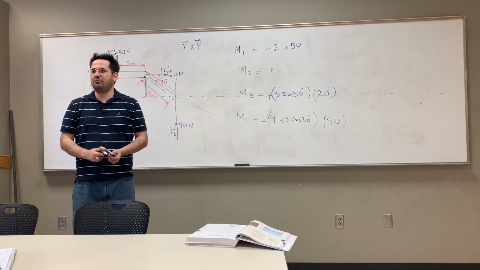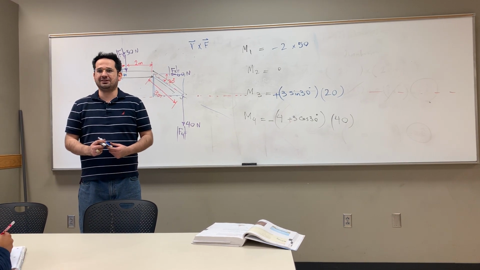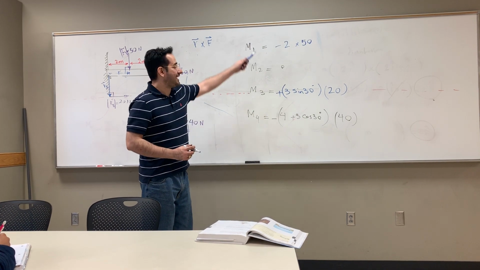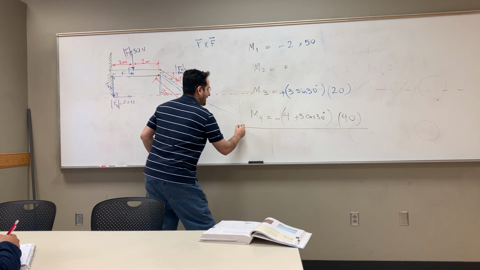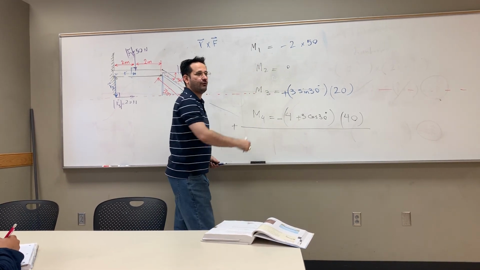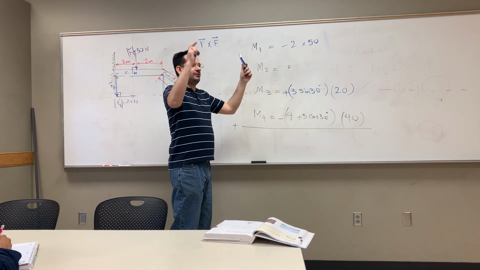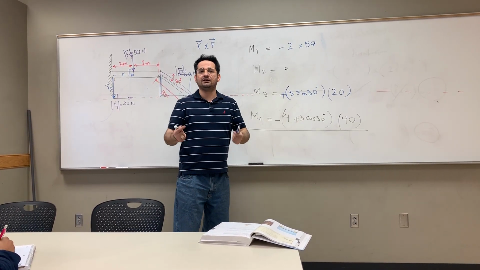Now if I ask you to find the resultant moment, what do you do? Yeah, you just add all those things together, right? You just add moments, because it's like force. You remember we did vector addition of forces to get the resultant force. Vector addition of moments becomes the resultant moment.